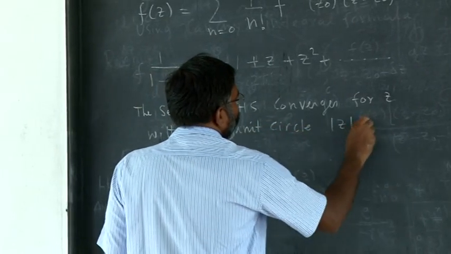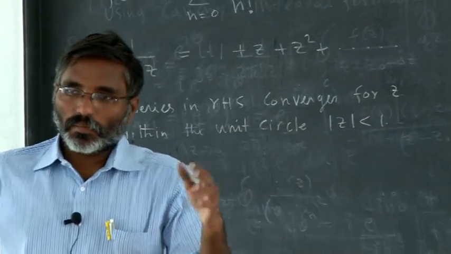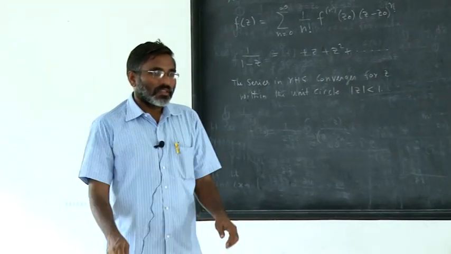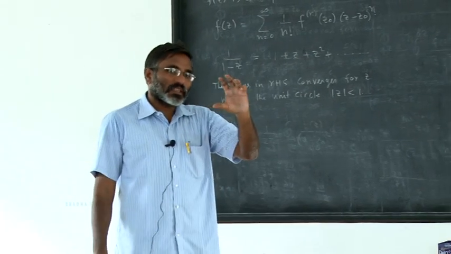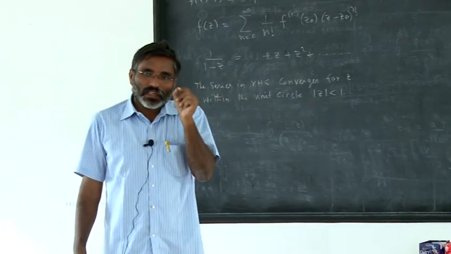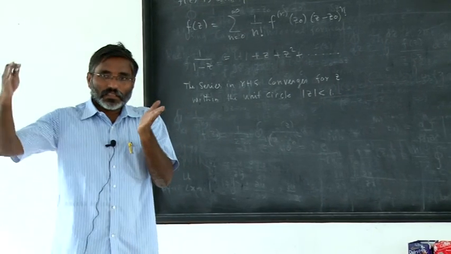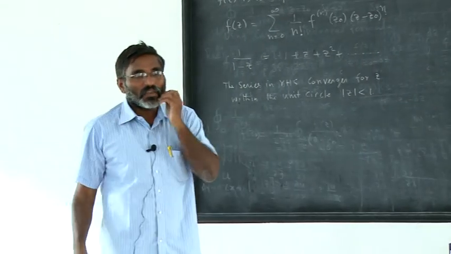That is, z less than 1. It will not converge for points that are outside. So there is something called the radius of convergence for Taylor series expansion. If it is analytic at that point, you can expand it in a Taylor series. That Taylor series will converge only in some region around that point. It will not converge everywhere.